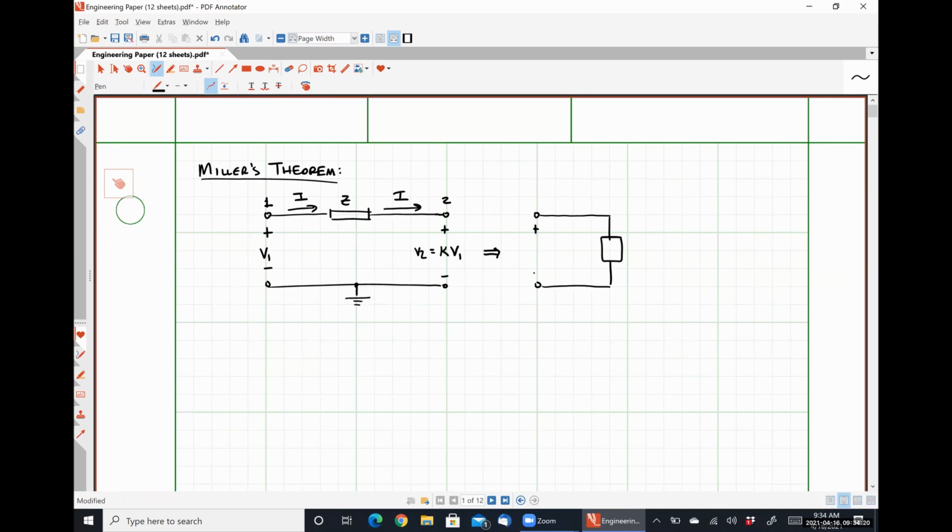So I still have my voltage here, V1. Now I'm going to have some impedance Z1, which I will define momentarily. I'm going to have another impedance here, Z2.